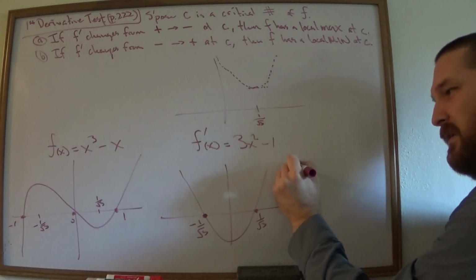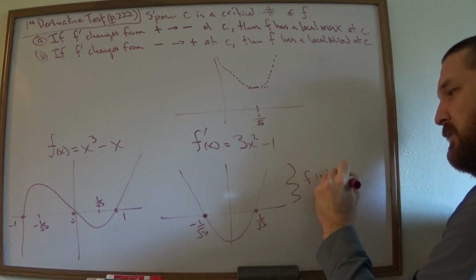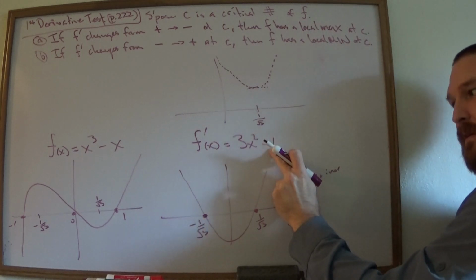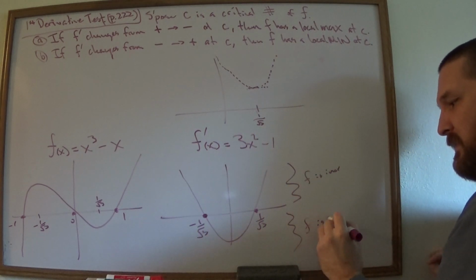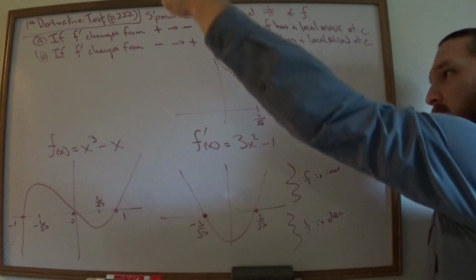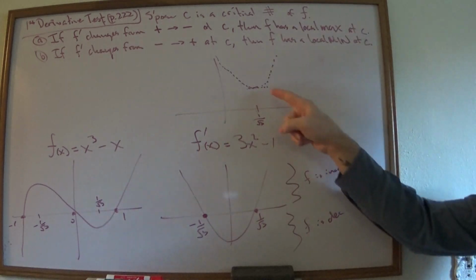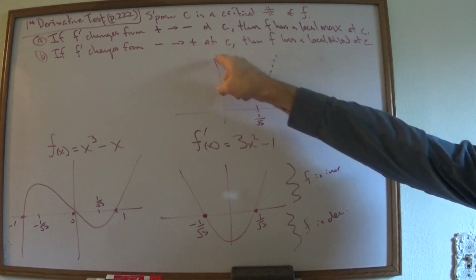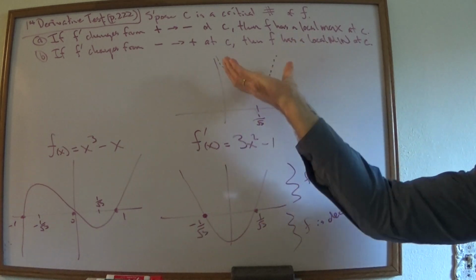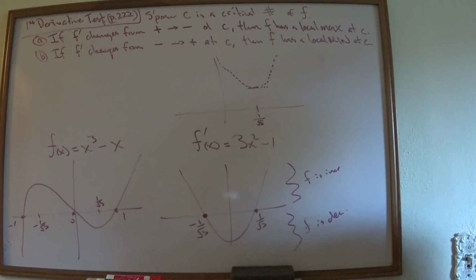Isn't that what we said about the derivative, that f is increasing whenever the derivative is positive, and f is decreasing whenever it's negative? So you're going from a function that was decreasing to a function that is increasing. And so it must be the case that it came down, stopped, and went back up. And so that must be the bottom of a cup, meaning it's a local min, and indeed that's what we see right there.